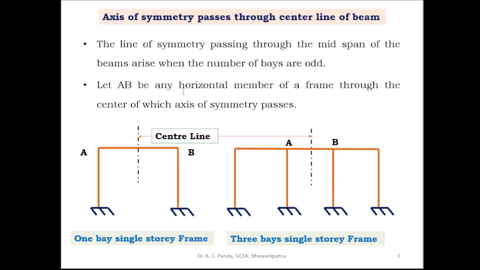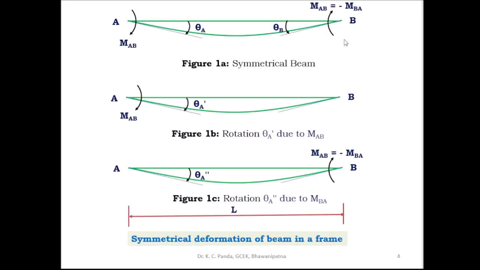Let AB be any horizontal member of a frame. Here the axis of symmetry passes through the center of AB. Let MAB and MBA be the end moments.